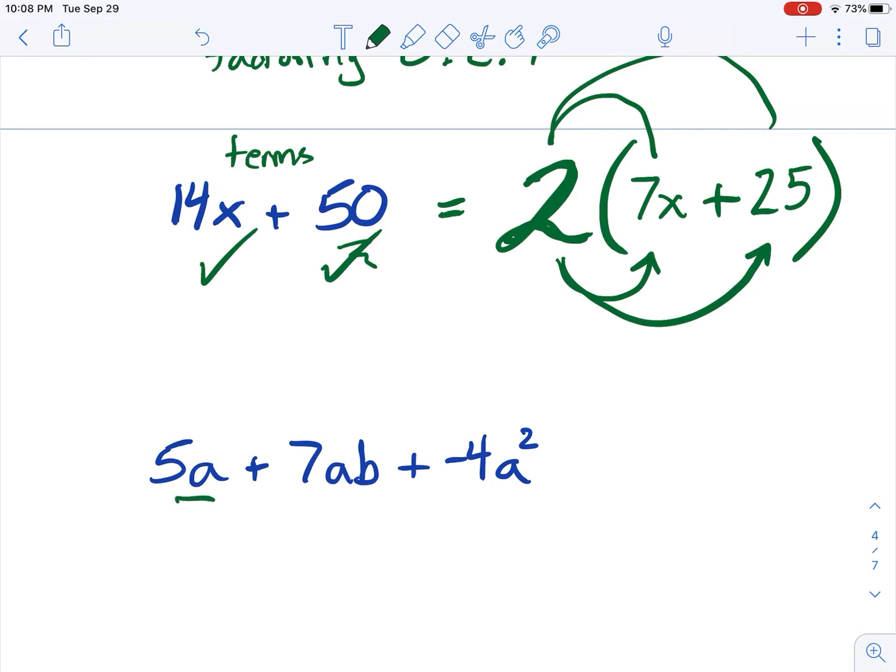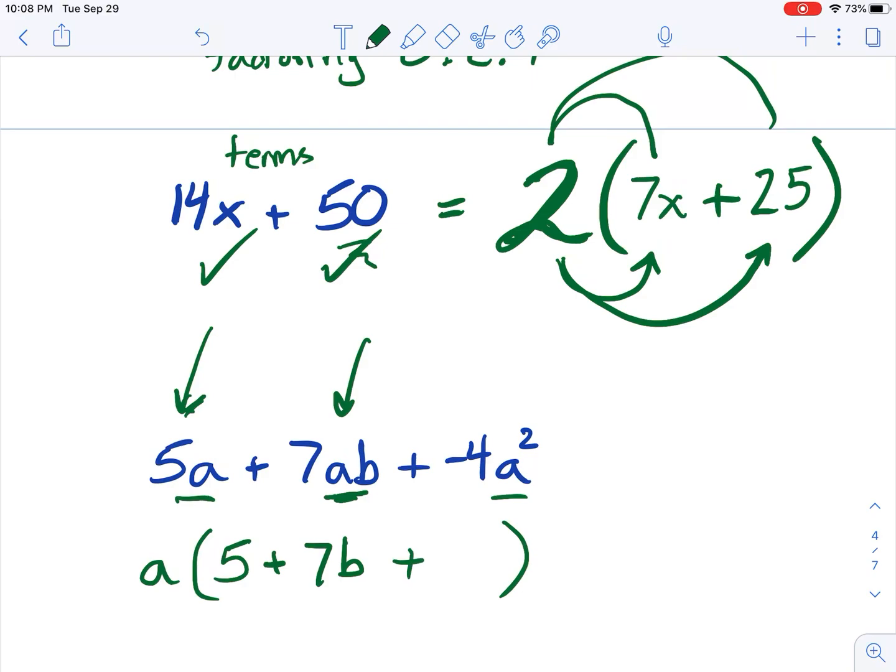So what do all of these terms have in common? I see an A in all of them. So I will take this A and I will place it out in the front. And now I have to imagine, right now, this is 5A. What did this look like without an A? It would just be a 5. Looking at the 7AB, bring my plus sign down. 7AB, when I take the A away, I just have 7B.